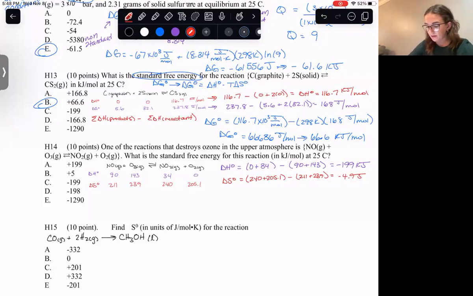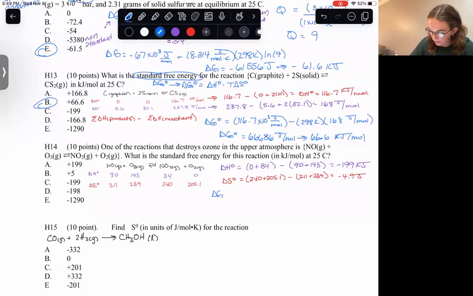For delta S, we have a negative delta S. The world prefers a positive delta S, so in terms of entropy, we have an unfavorable reaction. So if you have a favorable and an unfavorable factor, they're going to compete for delta G, and at different temperatures, delta G will end up negative or positive.